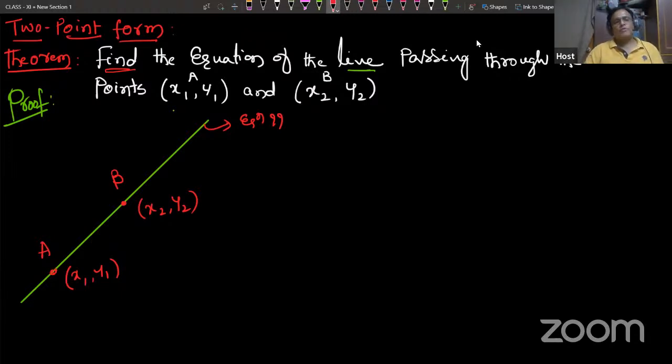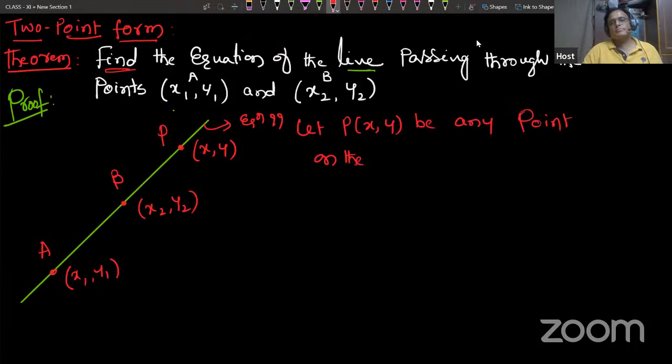First, to find the equation of any path, we have to take one point P. Let P(x, y) be any point on the line AB. Then clearly observe, A, B, P is a single line.